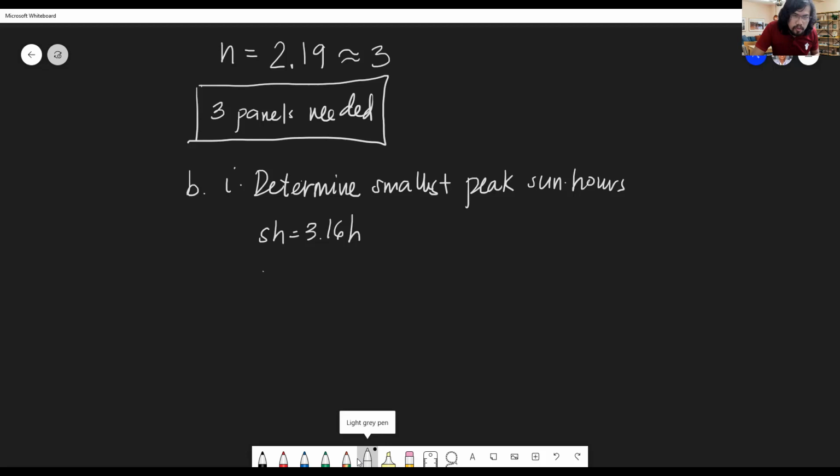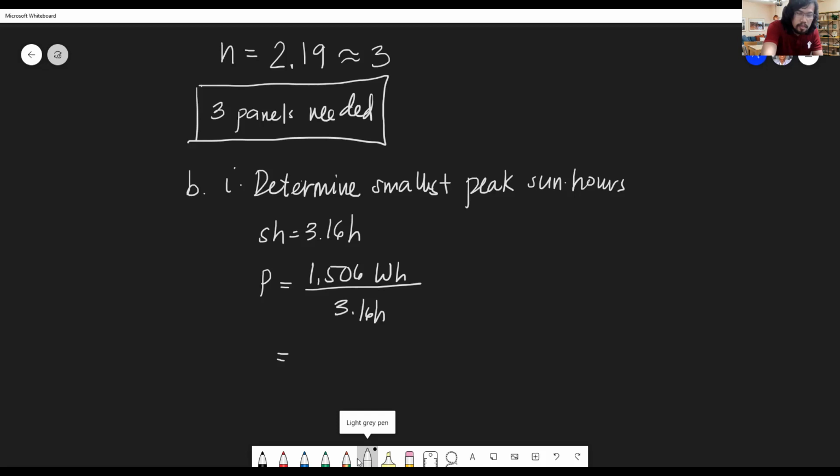And we compute for the P by dividing the E, or the total energy requirement, which is 1506 watt hours, by 3.16 hours, and we get the value.